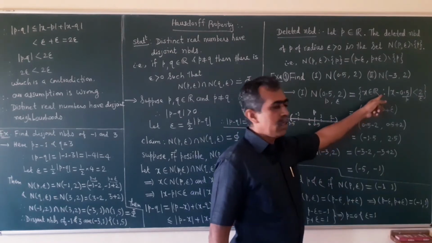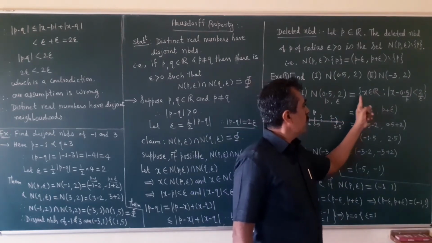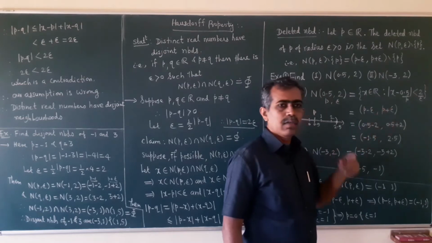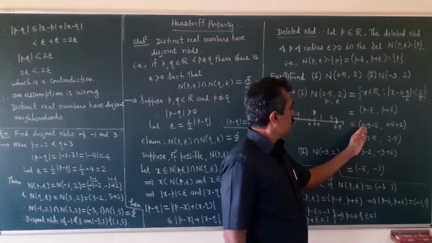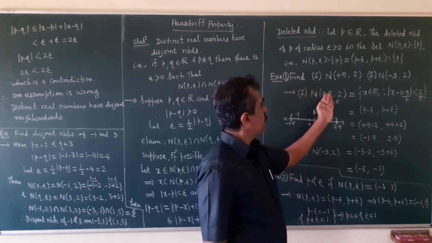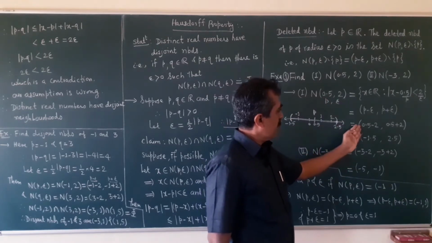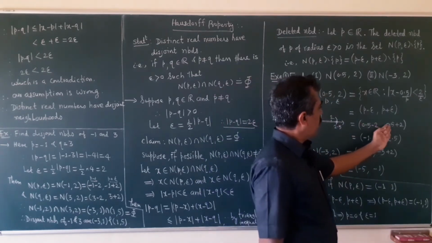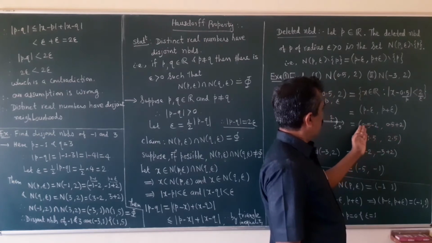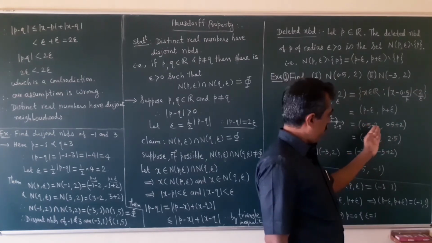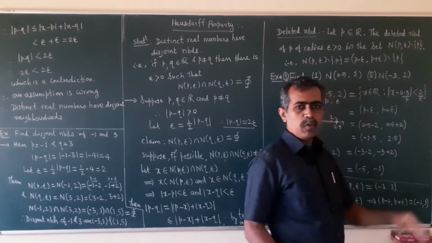If you consider this definition, then what does it give? This will give you the open interval p minus epsilon, p plus epsilon. So what is the neighborhood of 0.5 of radius 2 here? It is p minus epsilon, that is 0.5 minus 2, and 0.5 plus 2.